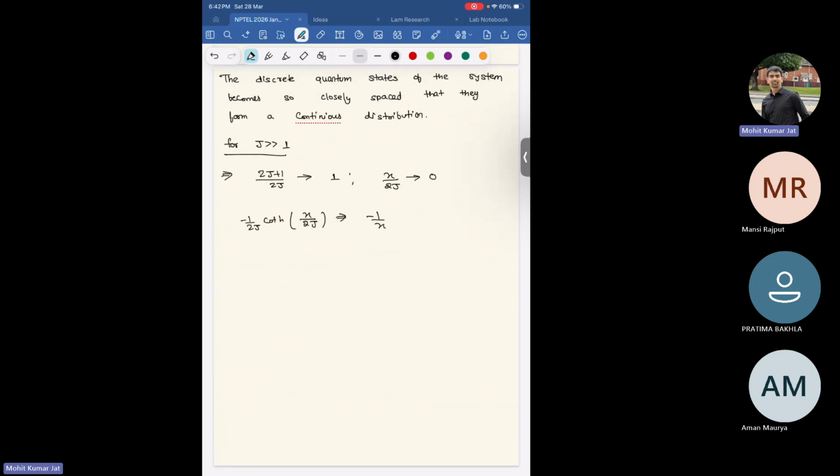And that your overall quantity B_j(x) will transform to your Langevin function L(x) for j very much greater than 1.